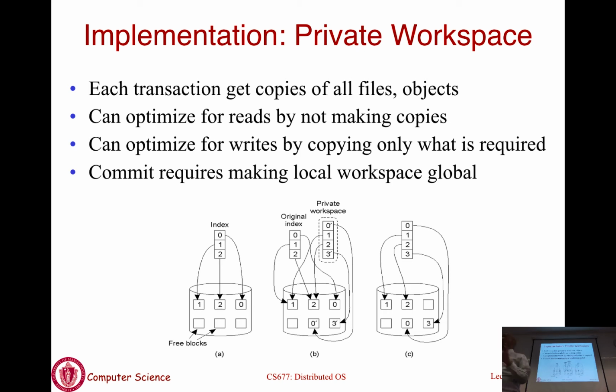If you have to abort the transaction, it's very simple. You just delete your private copy. The original has not changed at all, so it will look like nothing has happened from the original database's perspective. On the other hand, if you want to commit the transaction, you look at the private copy, you see what changes were made to it, and you copy the changes over when the transaction completes. At that point, all the data that has changed has been moved over to the main database. It becomes visible, and at that point, you can't undo it.